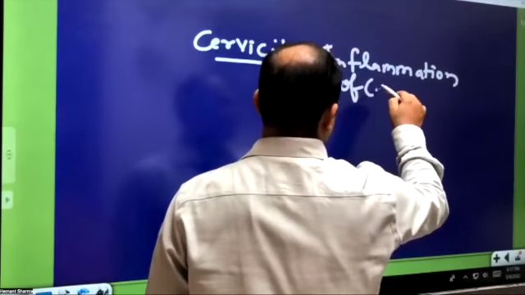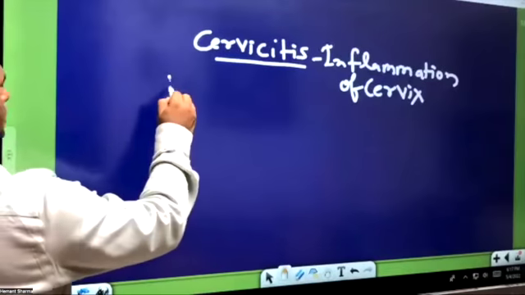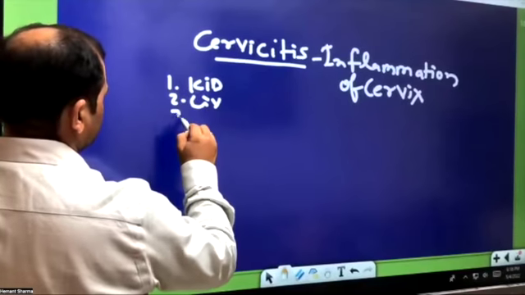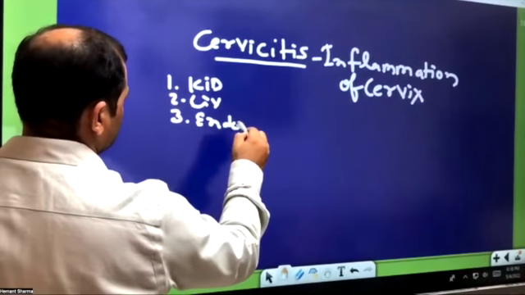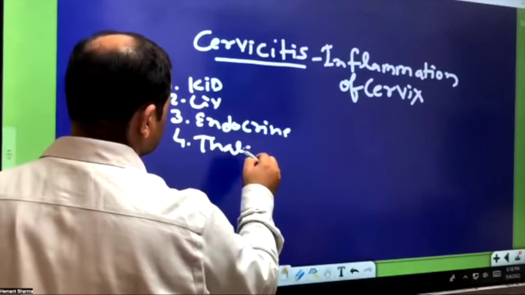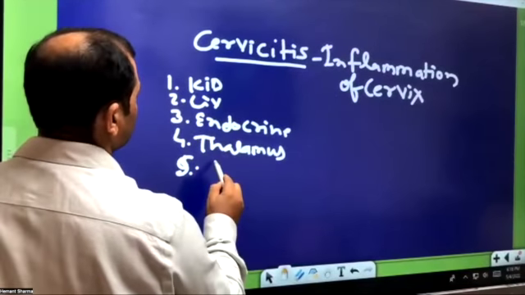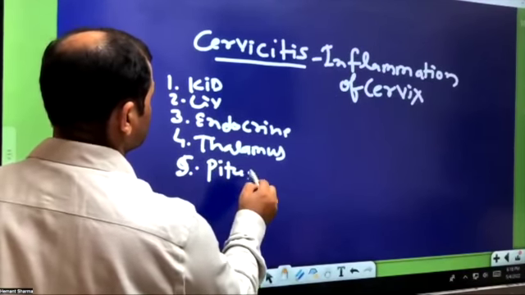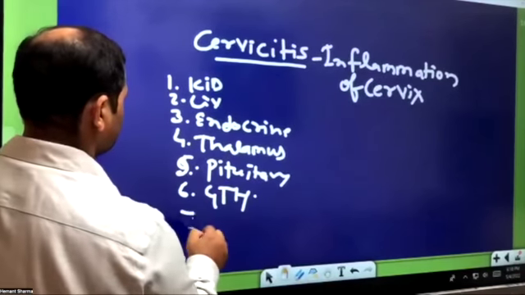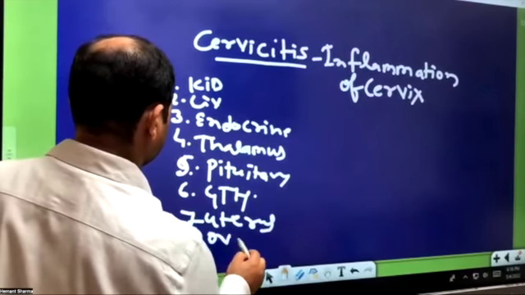So the 8 points will remain the same: kidney, liver, endocrine, thalamus, pituitary, GTH, gonadotropin, uterus, ovary. 8 points will remain the same.